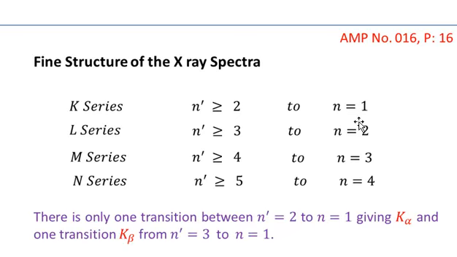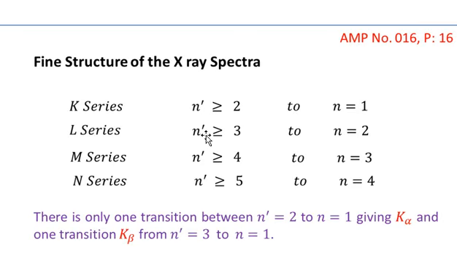gamma and so on. Similarly, for the L series, we can obtain L1, L2, and L alpha, L beta, L gamma, L delta. So these transitions will take place for increasing value of n prime beyond 3. When n prime is equal to 3, that is the transition takes place from n prime is equal to 3 to n is equal to 2, then L alpha will be emitted.